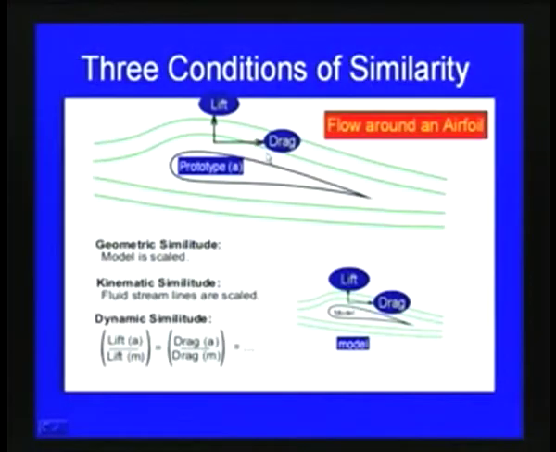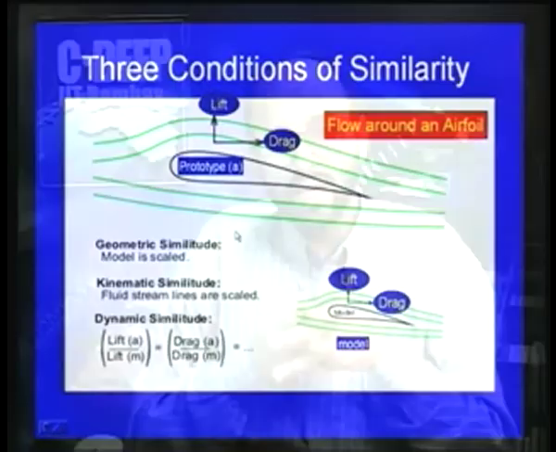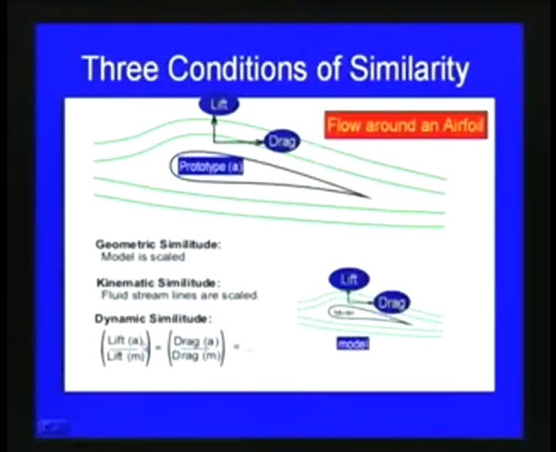And the third one is, you can see the various forces acting, like drag force and lift force. With respect to that also considered, we say that the dynamic similarity is met. So, the lift of the prototype divided by the lift of the model is equal to the drag of the prototype divided by the drag of the model. Like this, we say that dynamic similarity or dynamic similitude is met with respect to the modeling.